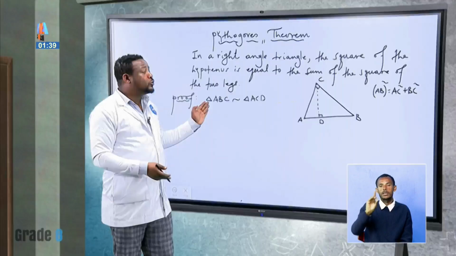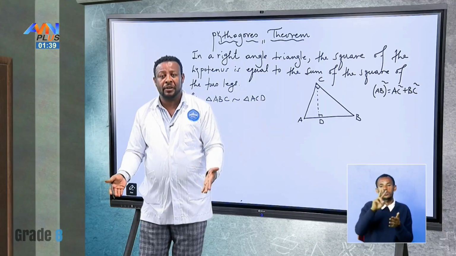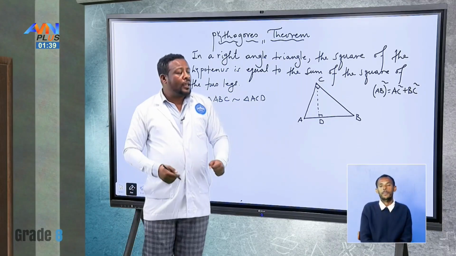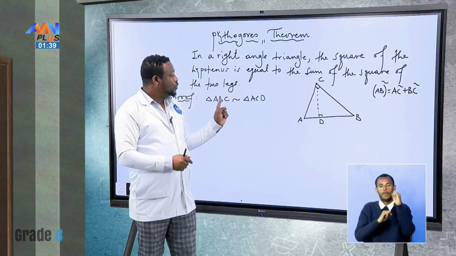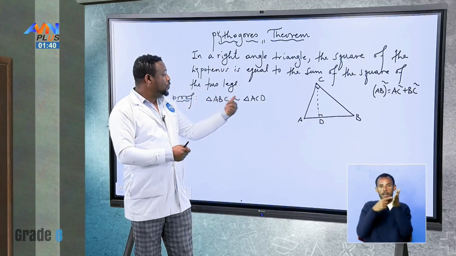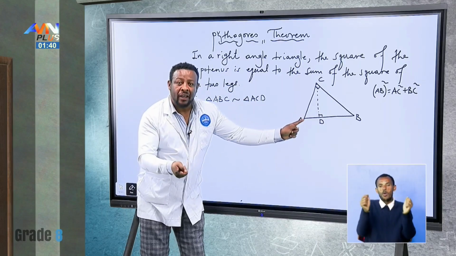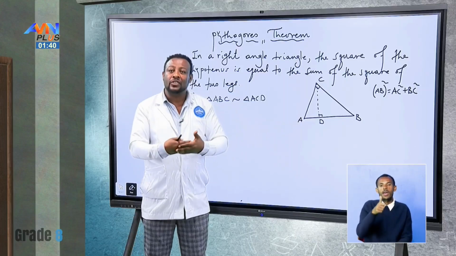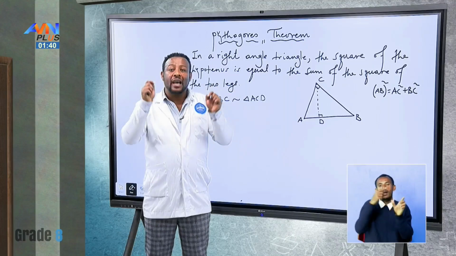Why do you think these two triangles are similar? Well, you need to compare the two triangles. Clearly, these two triangles have a common angle A, so they have one congruent angle.